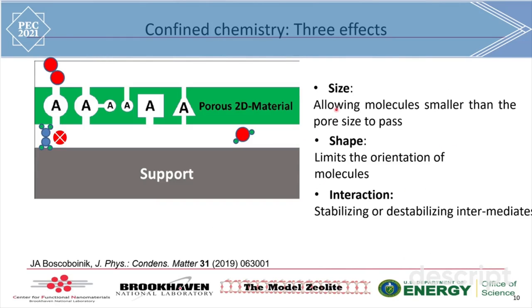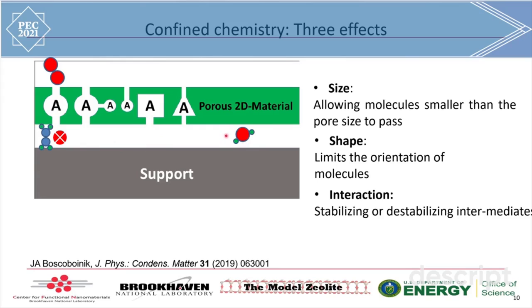There are three effects of the confined space on a chemical reaction. The first is the size effect, where the pores only allow molecules of a certain size to pass, and the shape effect, where the interface limits the orientation of molecules, and eventually only allows certain reaction pathways.